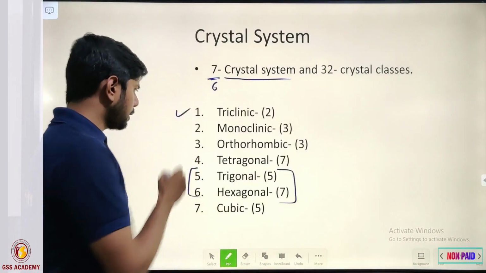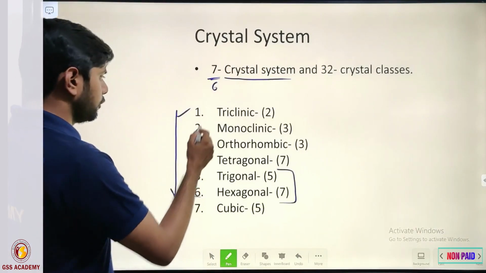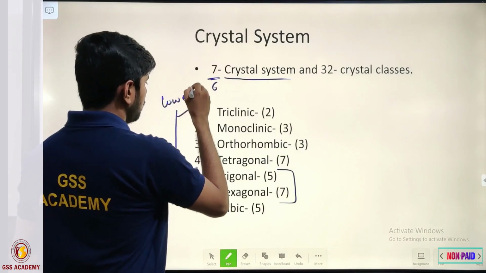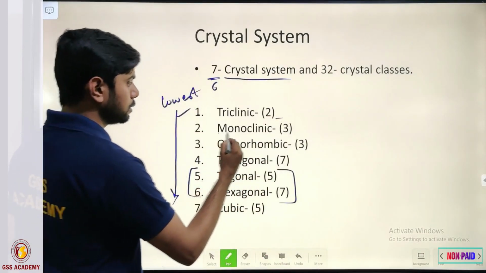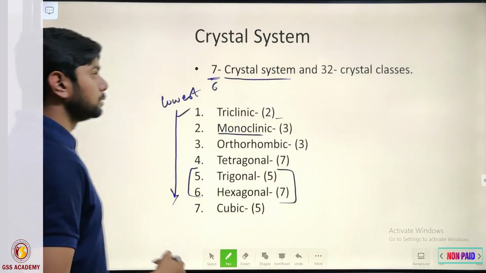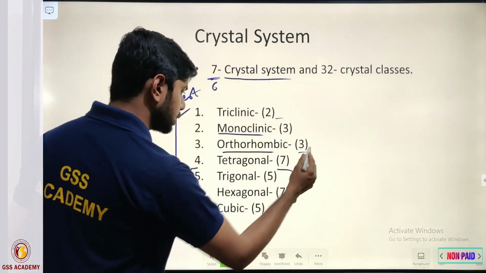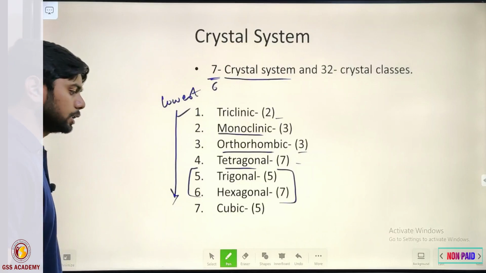We are moving towards higher symmetry. First one is triclinic, which has the lowest symmetry and consists of 2 crystal classes. Second one is monoclinic, which consists of 3 crystal classes. Third is orthorhombic, which also consists of 3 crystal classes. Fourth is tetragonal, with 7 crystal classes.